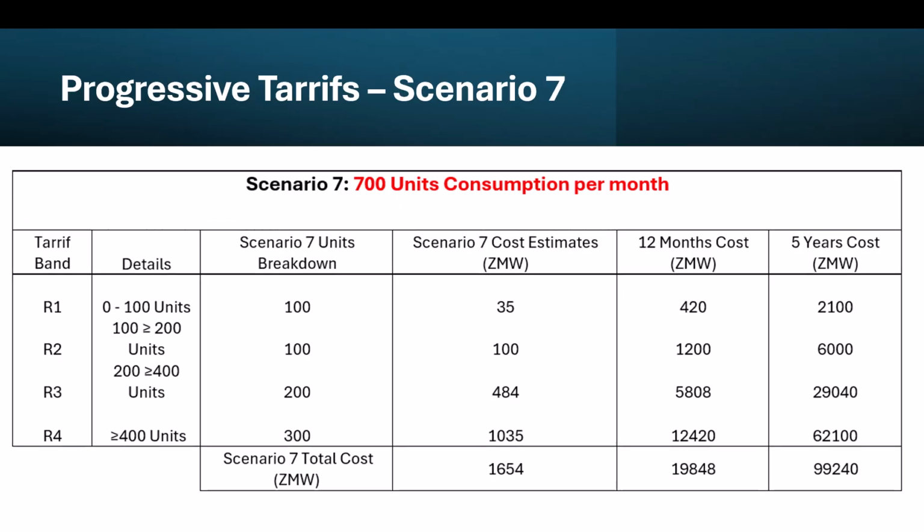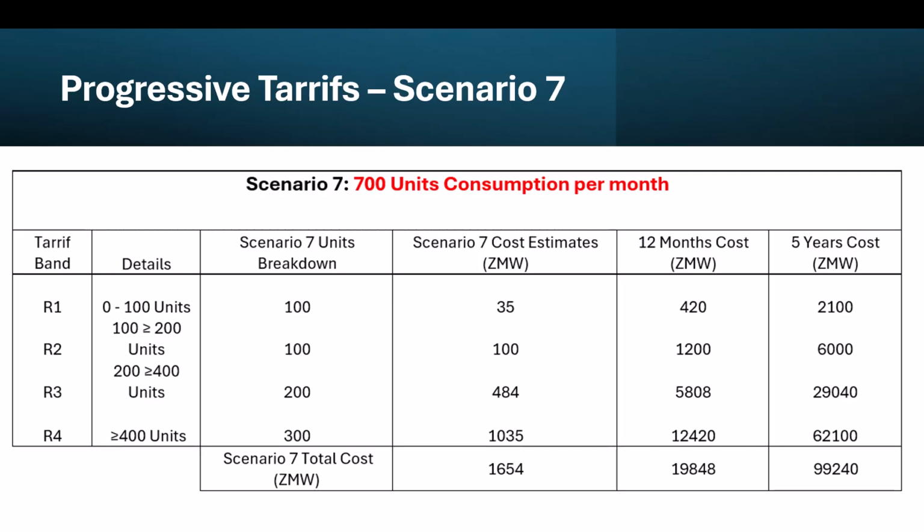So when it comes to 700 units with the 300 units extra above band 4, the cost comes to 1,654 Zambian kwacha per month. Forecasted for 12 months, it comes to 19,848 Zambian kwacha. If we do a forecast for 5 years, this comes to about 99,240 Zambian kwacha.